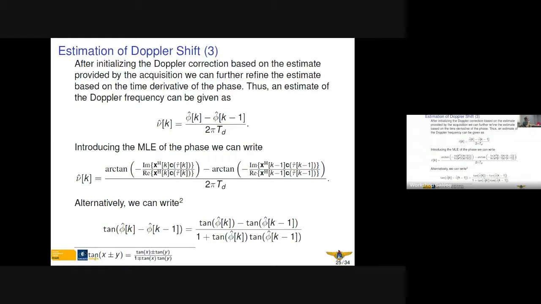Introducing the MLE of the phase, now we can give here this arctangent, and then we have the phase estimate based on a formulation of the prompt correlator output. And alternatively, we can also write this as tangent of phi hat k minus phi hat k minus 1.